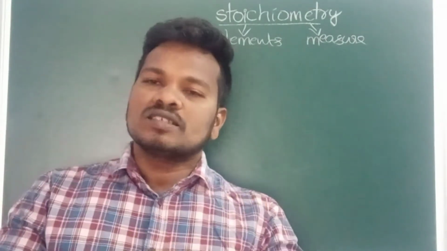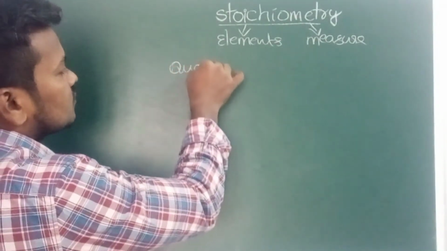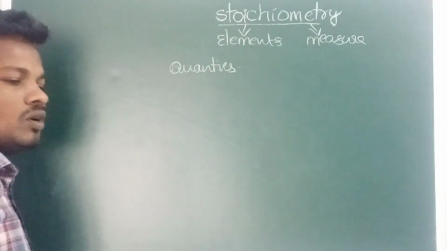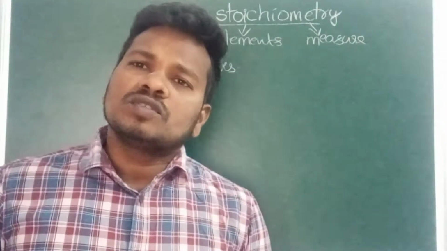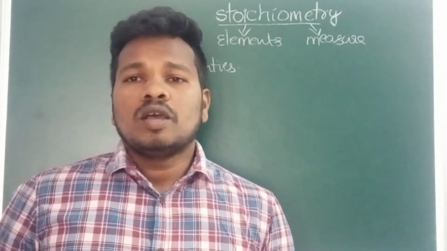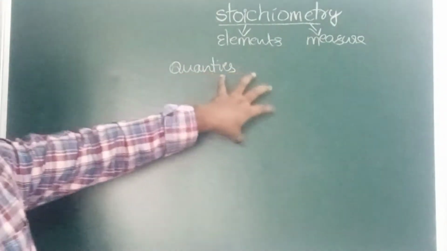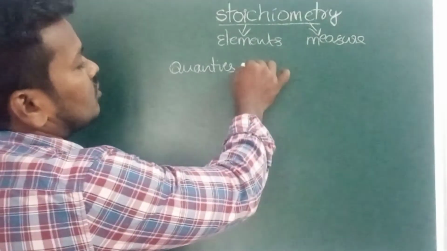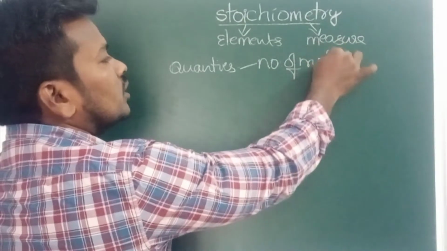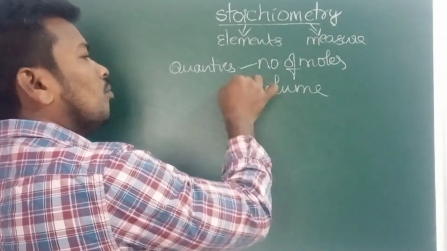Put simply, in a chemical reaction these various quantities are the quantities of the reactants and the quantities of the products. It is useful to calculate or measure these quantities, which include the number of moles, volume, and mass.